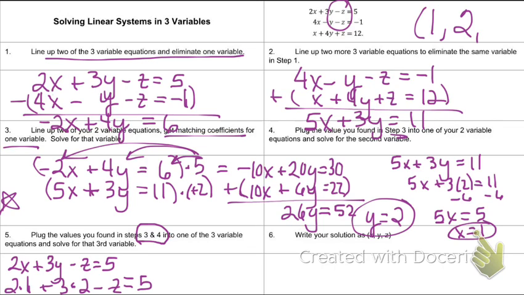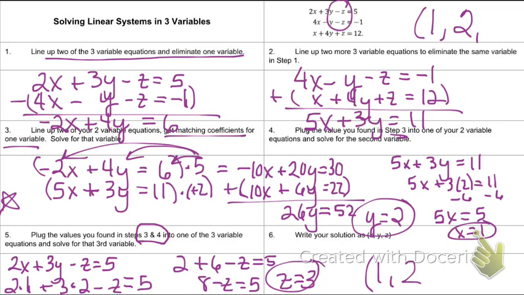Oops. So I have 2 plus 6 minus z equals 5. 8 minus z equals 5. Well, I know that 8 minus 3 equals 5, so z equals 3. Okay, I could subtract 8 from both sides and then divide by negative 1, and I would also get z equals 3. So my solution is 1, 2, 3. That's my x value, my y value, and my z value.